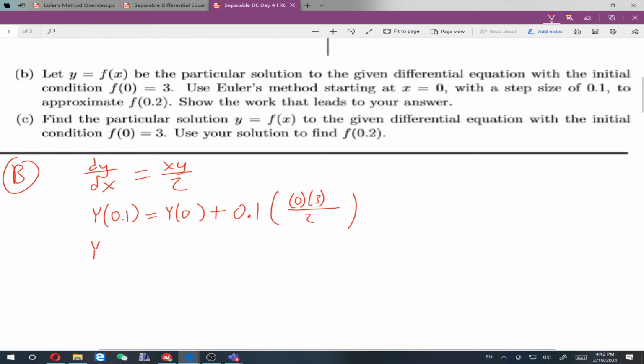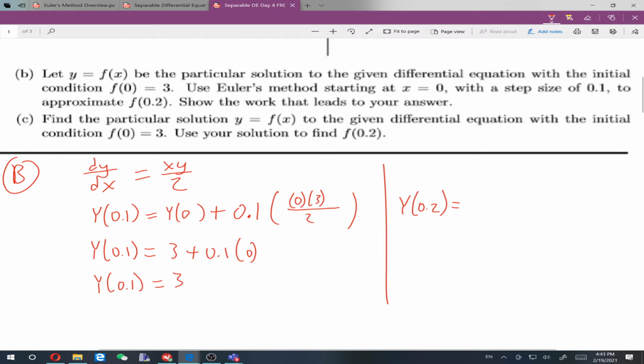So our estimate for y at 0.1 is just 3. Okay, over to Kelly for our next step. Our next step will give us y at what x value? 0.2.